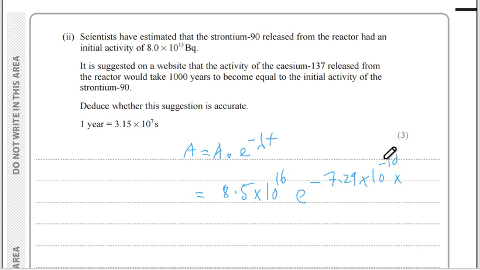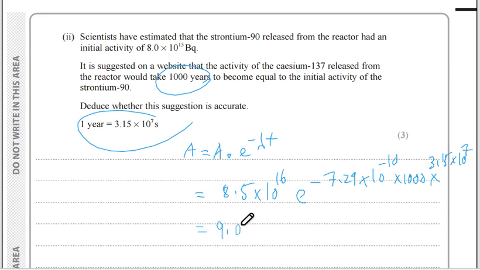And the time is 1000 times the conversion. It's very nice from the examiners to help us with the conversion. You can do this on your calculator, and the result is in second minus 1, disintegrations per second, or becquerel.